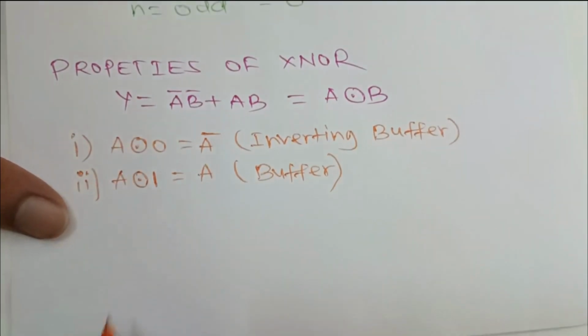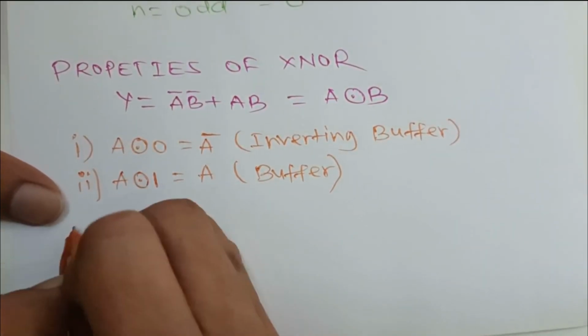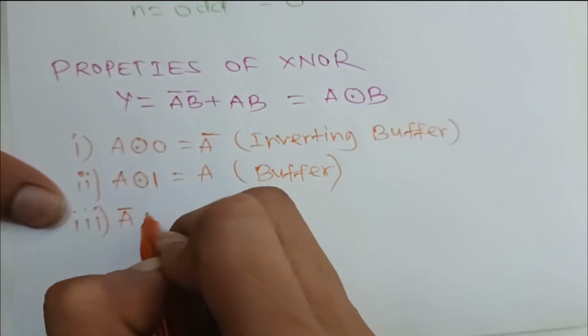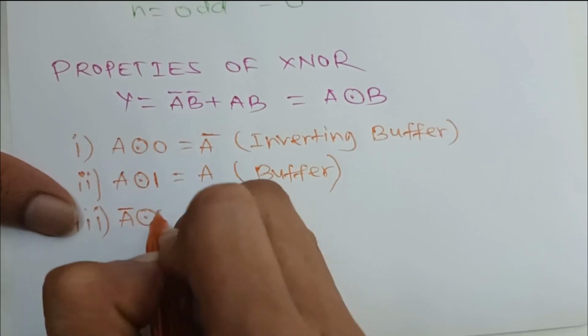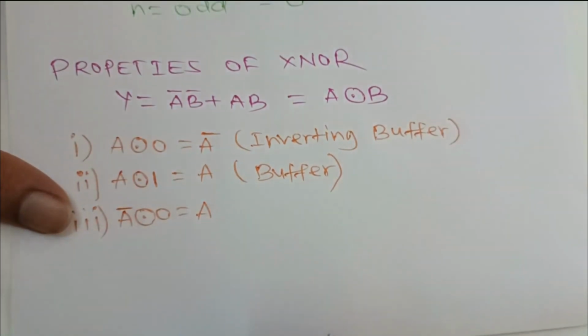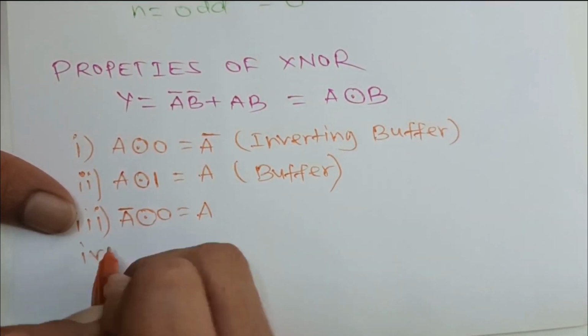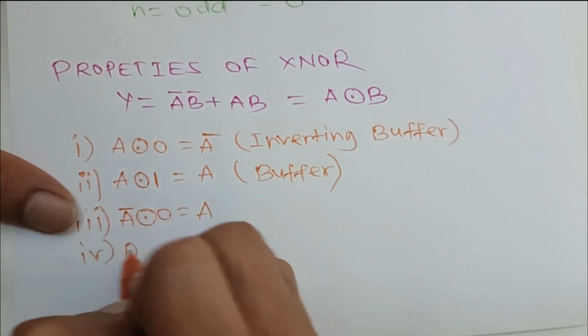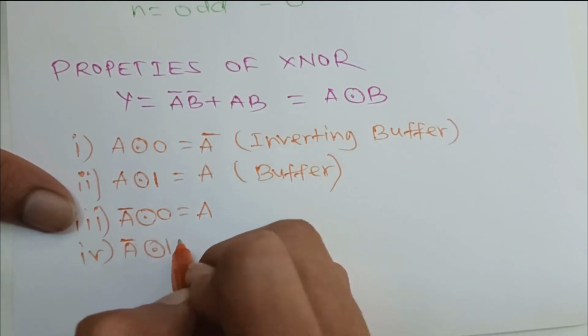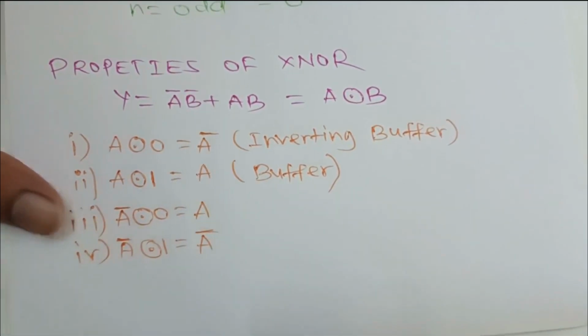Next one, if you take A bar as the input and XNOR it with 0, it is going to give you A as the output. The third one is, if A bar is your input and taken XNOR with 1, it is going to produce A bar as its output.